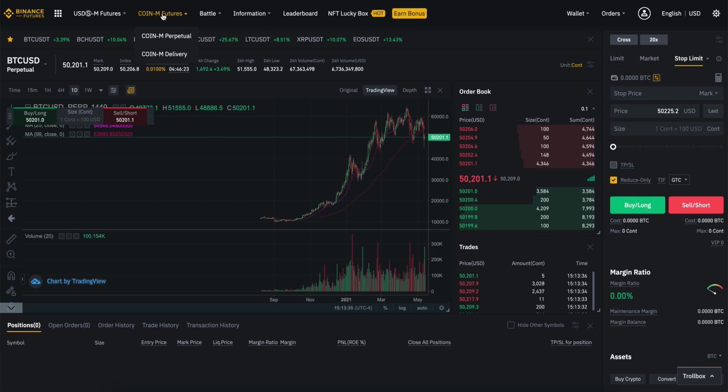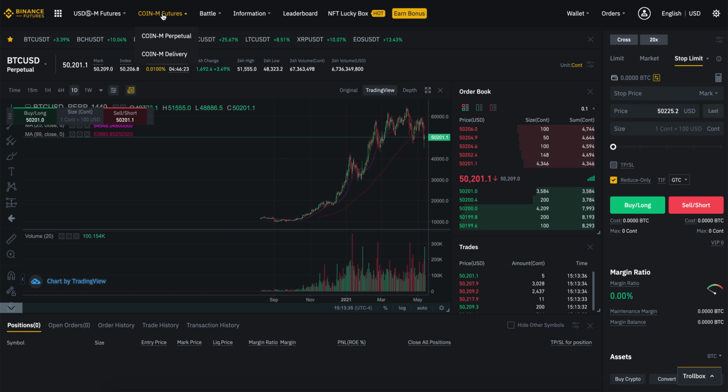But once you take the quiz, you will be looking at this screen, and now you actually need to fund your futures account. And the way you're going to do that is you're going to come to your wallet, and go to Fiat and Spot Wallet. And here you are actually going to put money, or cryptocurrency I should say, into your Fiat and Spot Wallet.